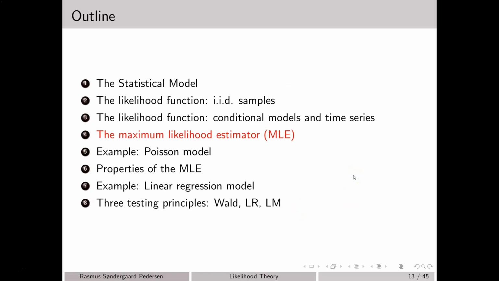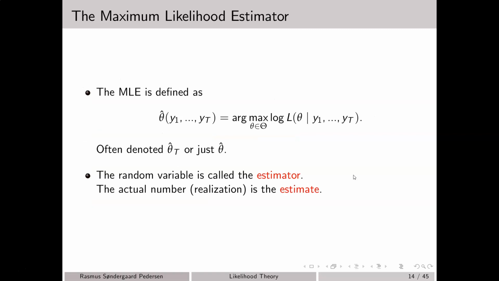Let us next define the maximum likelihood estimator. By definition, the maximum likelihood estimator is the argument that maximizes the log likelihood function over the entire parameter space. Sometimes we denote the maximum likelihood estimator theta hat capital T, or we simply leave out the subscript capital T and denote the MLE as theta hat.